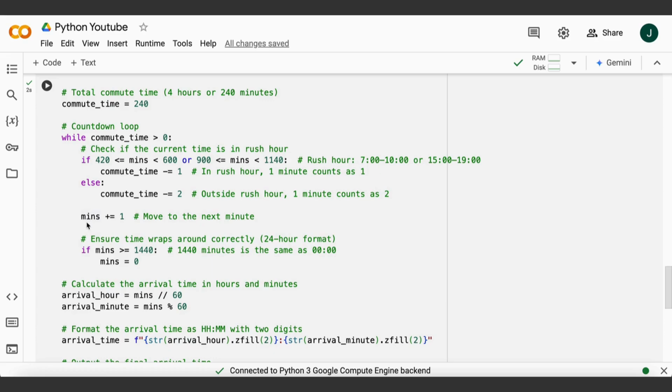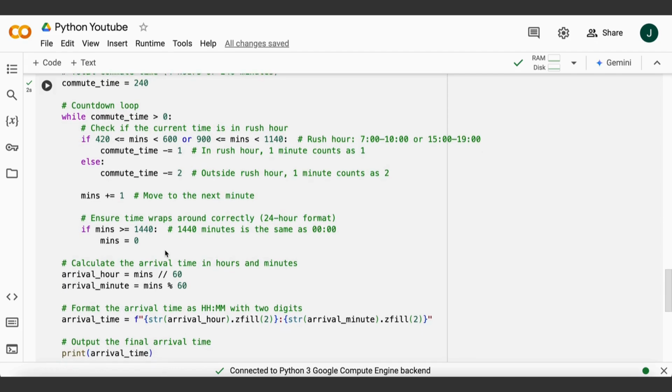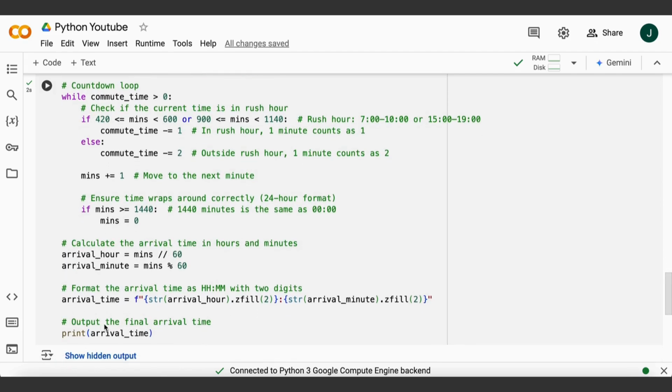Because the minutes move to the next minute, I'm always counting the minutes by 1, right? So that reduces commute time, and that's using the minutes, right? After calculation, I will have the arrival time in the proper format, and then print the arrival time.